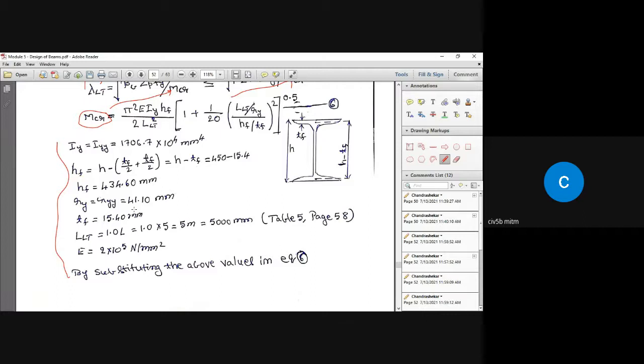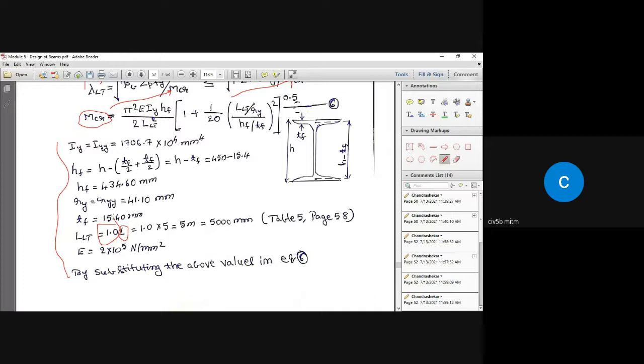That is equal to 1.0 L that I have written in this case, where L is the span of the beam. Why 1.0 here? For that, go to page number 58, look at table 15.